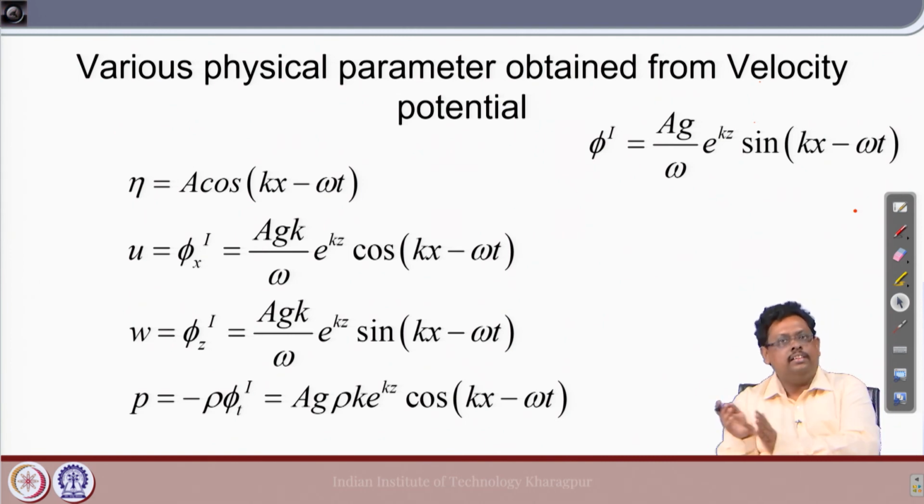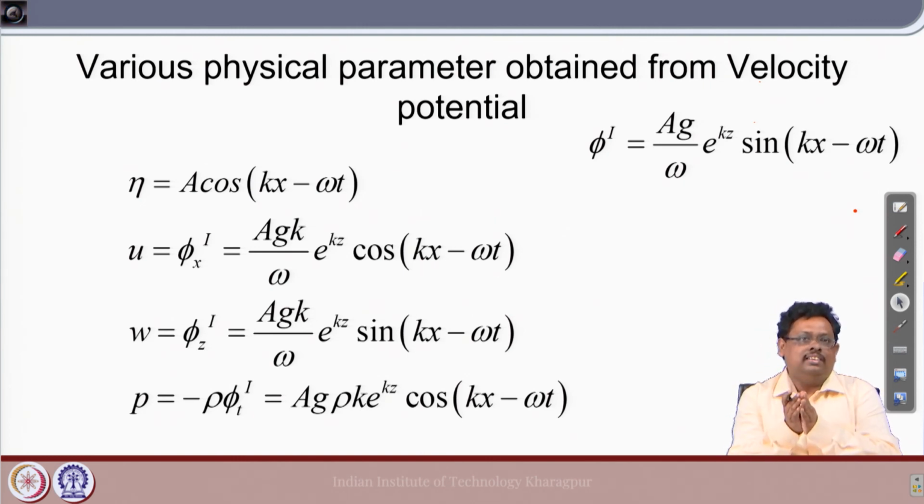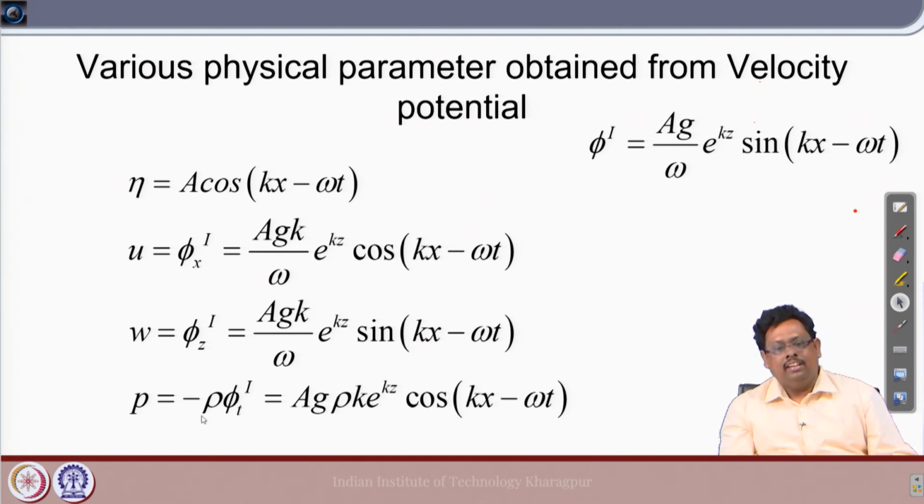I can get the horizontal velocity, I can get w also, that means the velocity along the z axis, and most importantly I can get the dynamic pressure using the relation p equal to minus rho del phi del t, and the expression is a g rho e to the power k z cos(k x minus omega t).